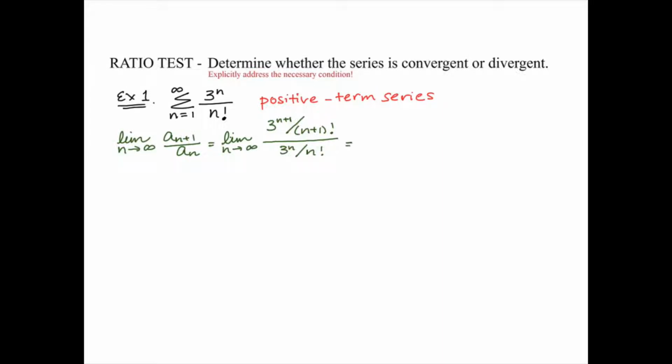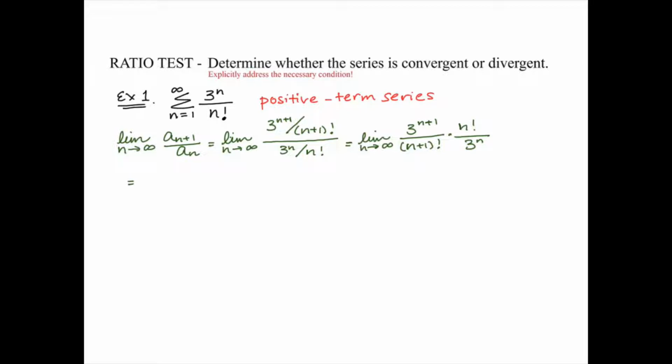Now I'm going to get rid of the complex fraction by multiplying by the reciprocal of the denominator, 3 to the n plus 1 over n plus 1 factorial times n factorial over 3 to the n.